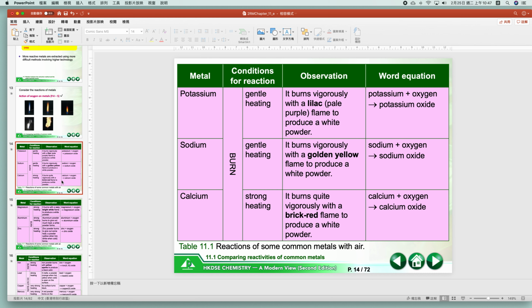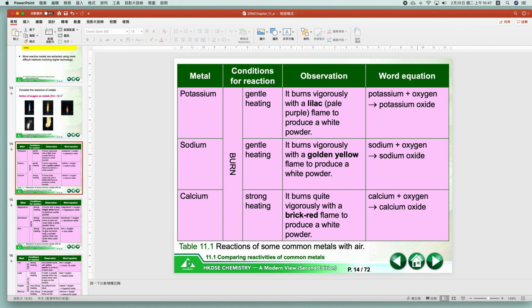Second thing, you have to consider the word equation. But generally speaking, you can see that metal oxides are produced when the metals react with oxygen. For example, magnesium reacts with oxygen to produce magnesium oxide.